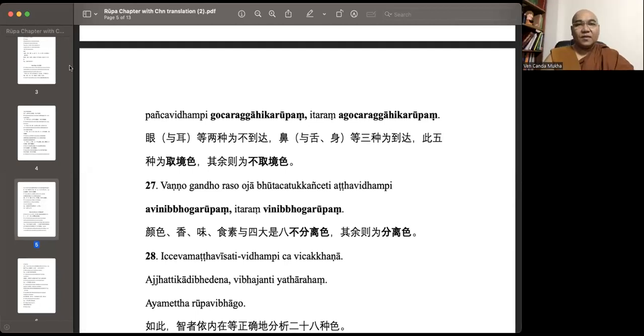Here is the screen, the Rupa chapter with the Chinese translation. Okay, you got it.